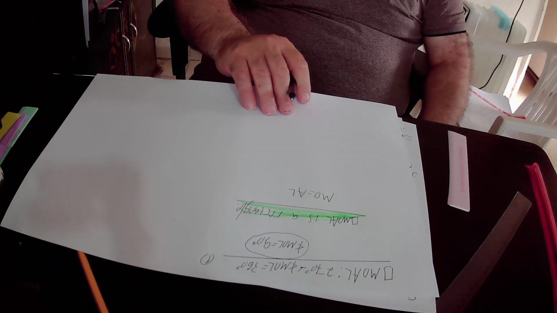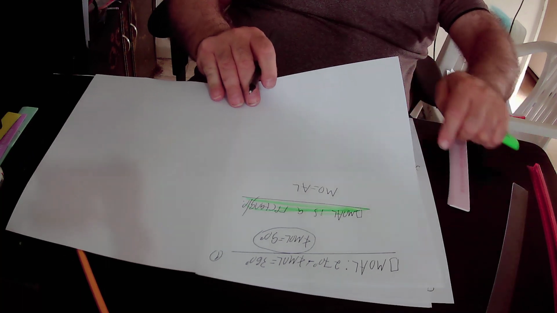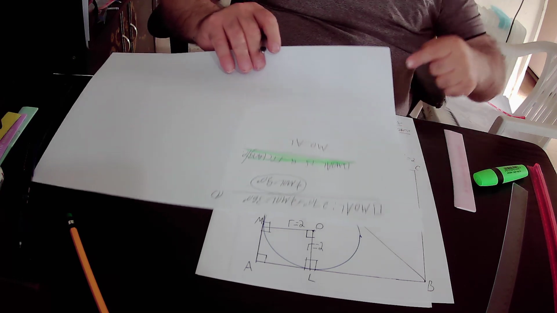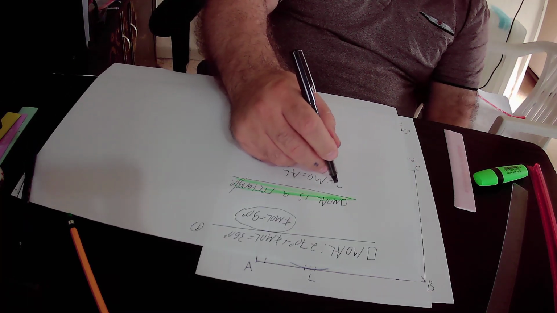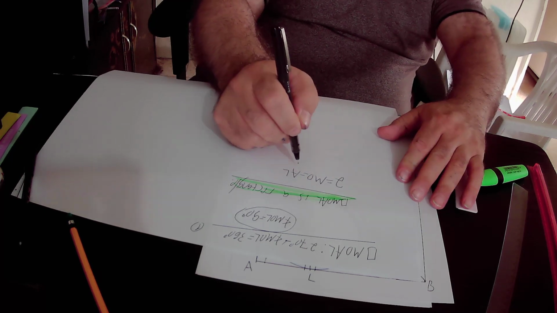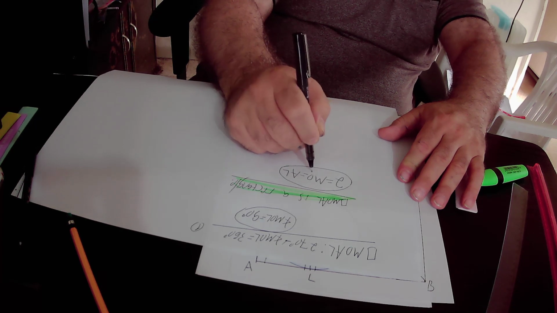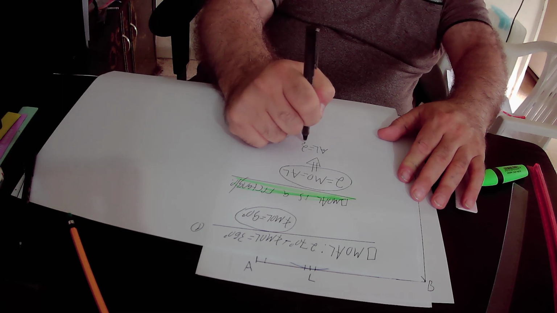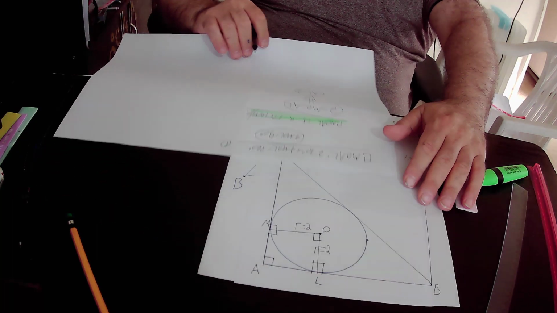But MO equals 2 units. It is the radius of the circle, so we can write here MO equals 2. And from this equation, 2 equals MO equals AL. We will derive that AL is also equal to 2 units. Okay, AL equals 2 units.